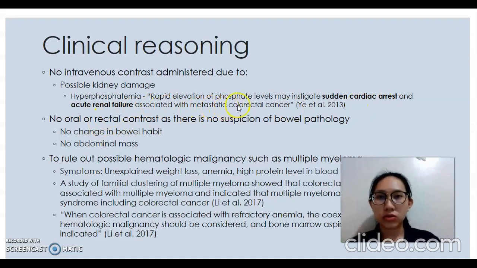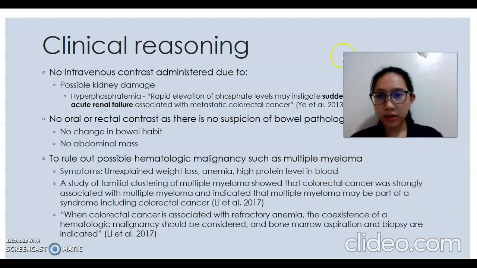So in order to prevent further kidney failure or kidney damage in the patient, we do not administer the IV contrast. And there is also no oral or rectal contrast because there is no suspicion of bowel pathology. Because the patient does not show any change in bowel habit, and there is also no abdominal mass.